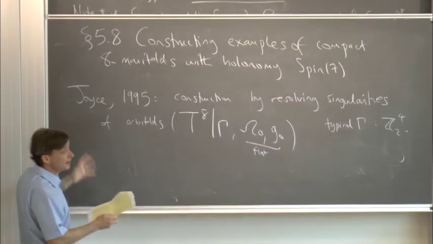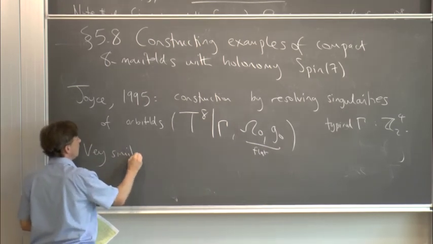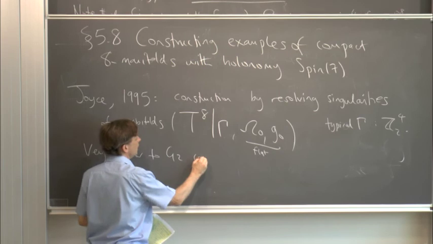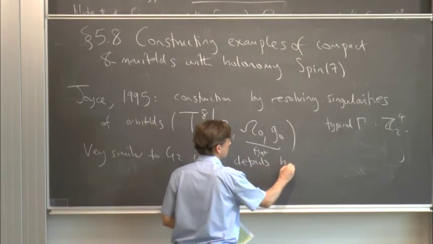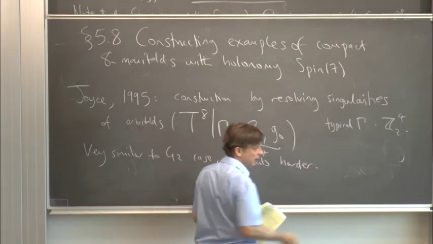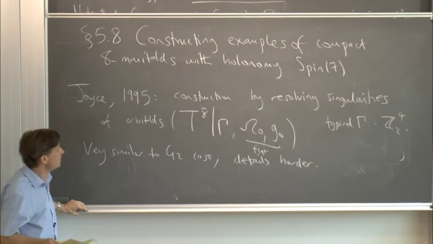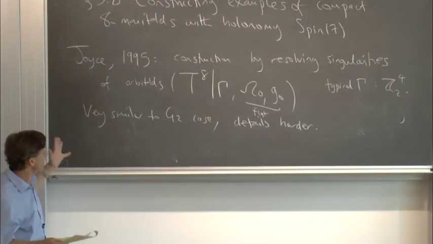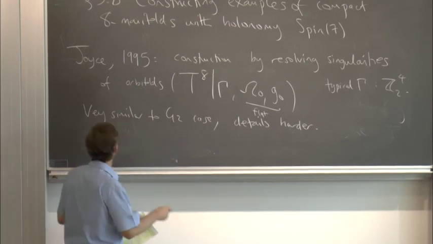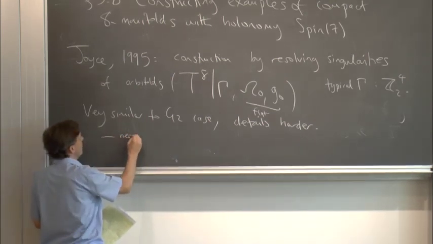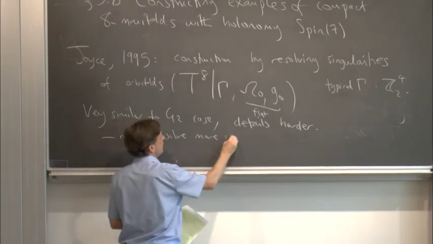And okay, it's very similar to the G2 case, but then the details are harder in almost every respect. So, finding examples is harder, and you need to resolve more complicated singularities.